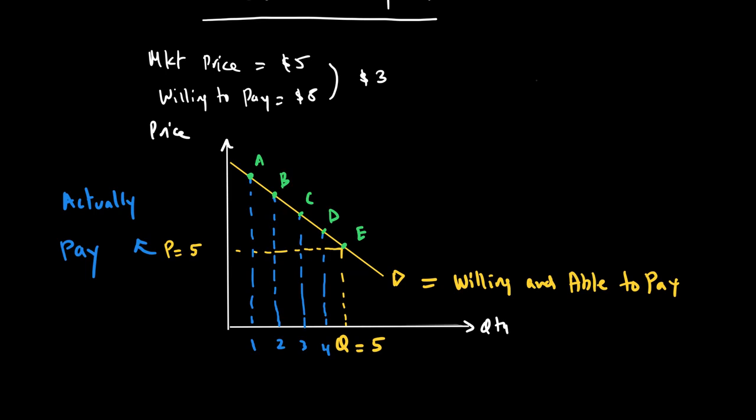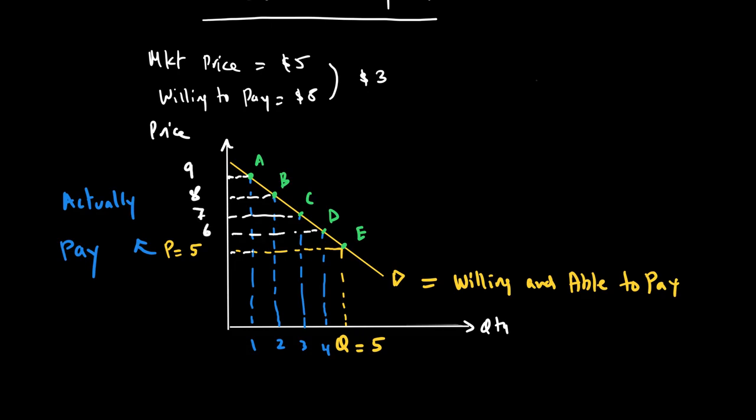At point A, I am willing to pay 9, but what I actually pay is the market price, which is 5. Similarly, at B, I'm willing to pay 8, but I actually pay the market price of 5. And similarly for 7 and 6.